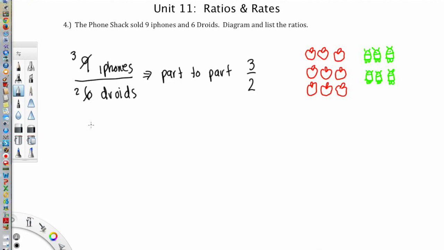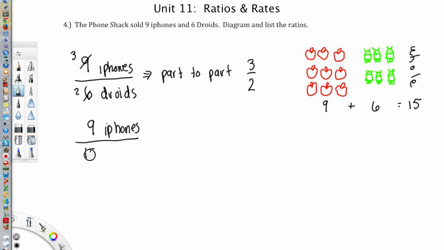We can also have a part to whole, which altogether there were 9 iPhones and 6 Droid phones, so we can see there's a total. 9 plus 6 is equal to 15, and this would be the whole group, or all the cell phones.